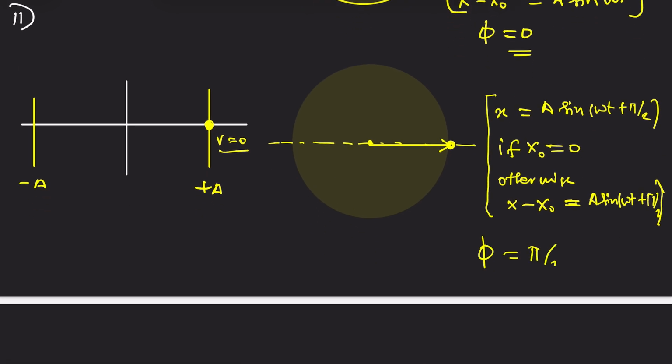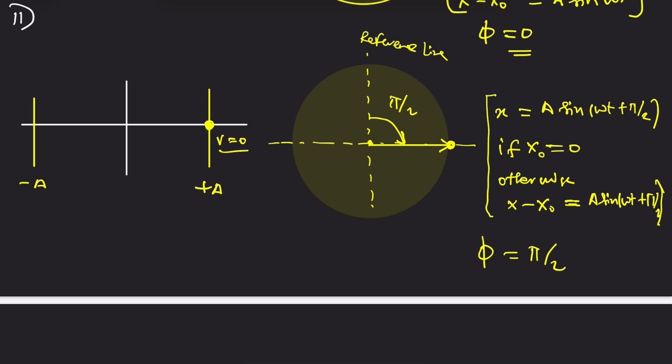And this we can see also, that from the reference line the angular position of the imaginary particle is pi by 2. So the phase angle will be pi by 2 only.